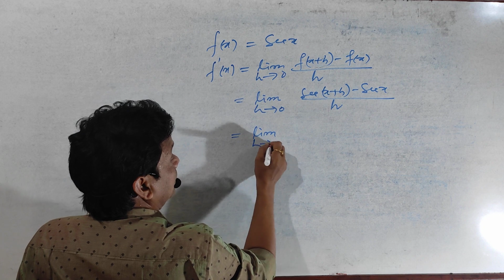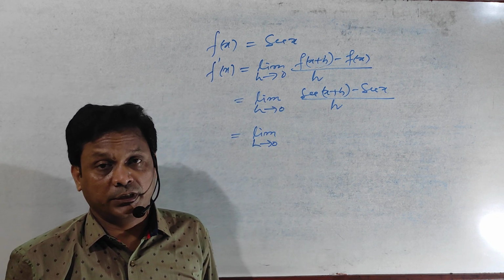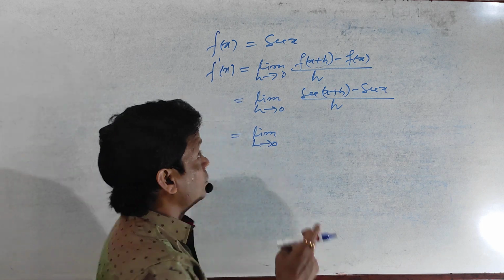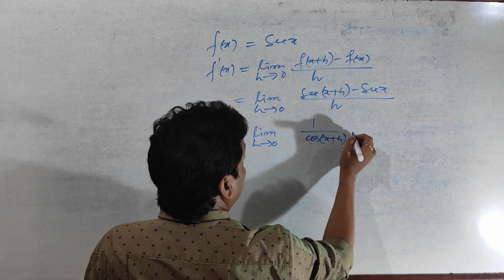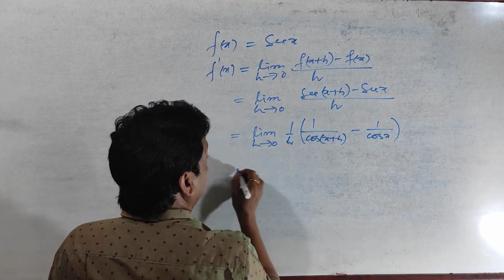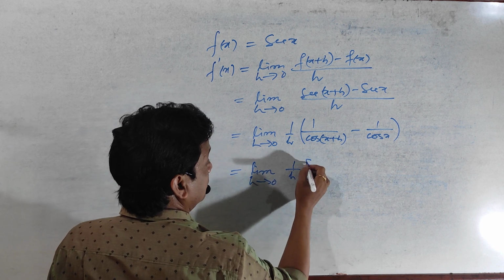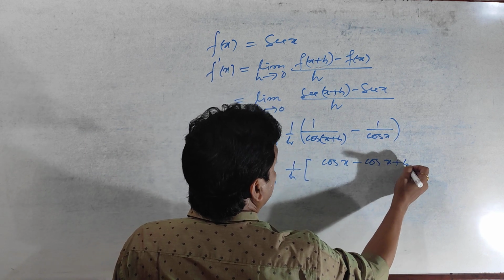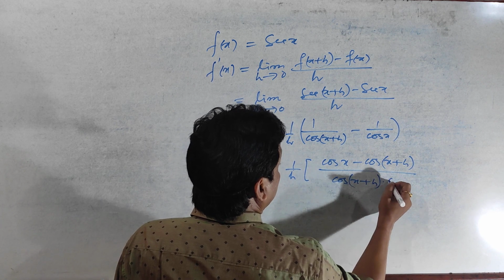I have given the formulas for sin and tan in the case of limit. I have not given any formula regarding sec and cosec. So you should convert this sec to 1 by cos of x plus h minus 1 by cos x, into 1 by h. I am writing like this. Limit h tends to 0, 1 by h. So take the LCM, cos x minus cos of x plus h divided by cos of x plus h into cos x.